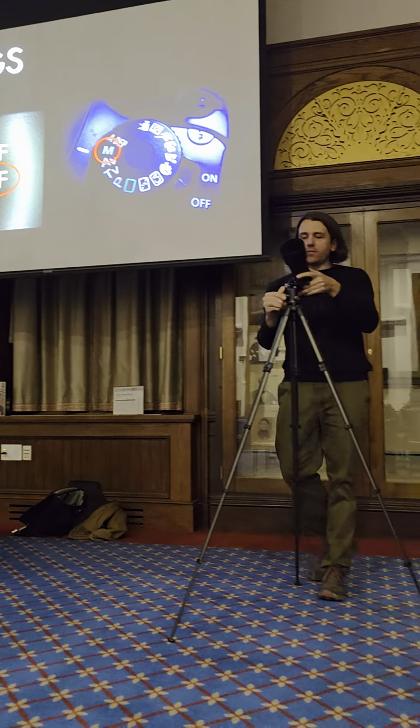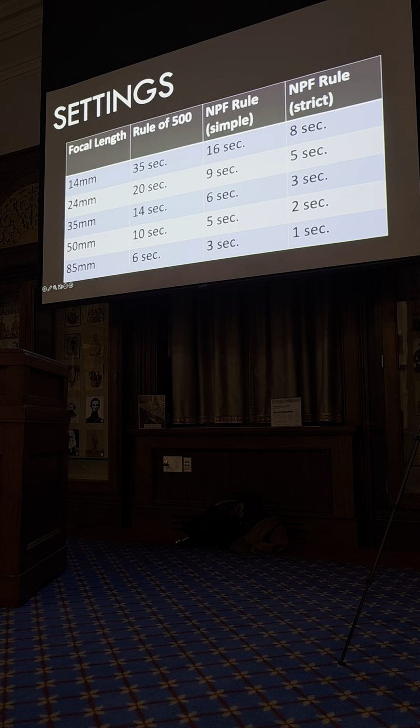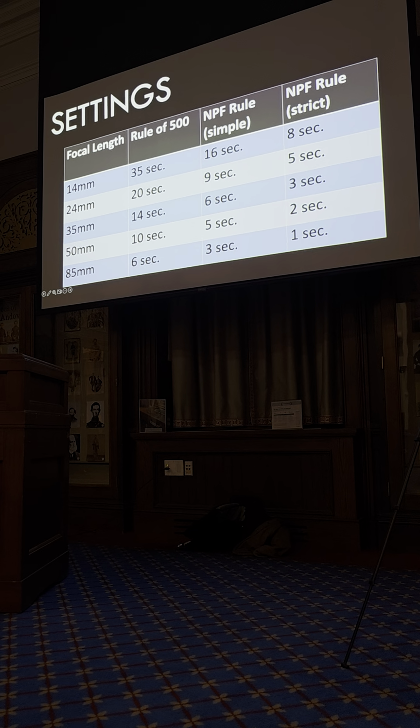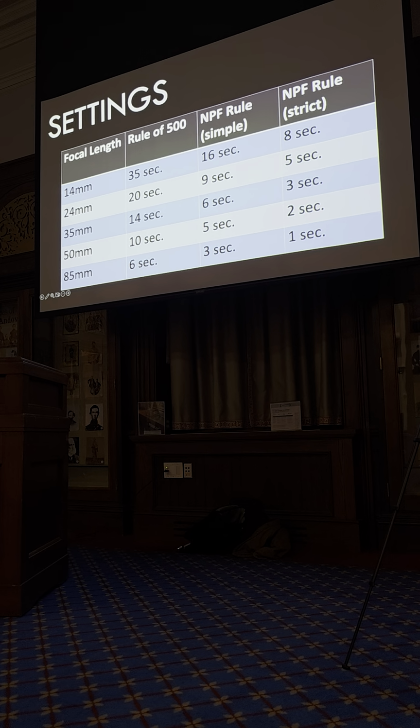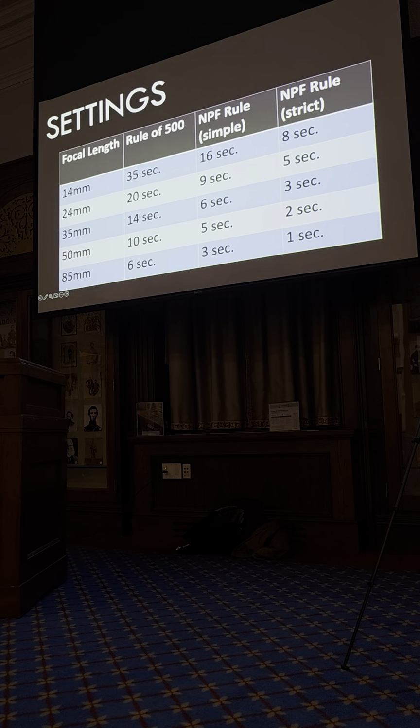The first setting to change is called the shutter speed, and this is how long the camera sensor is open to the night sky. This is a sort of confusing chart, but I'll explain it. When we're taking a picture of the night sky, we can only expose for so long before the stars are trailed, before they turn from points to lines.